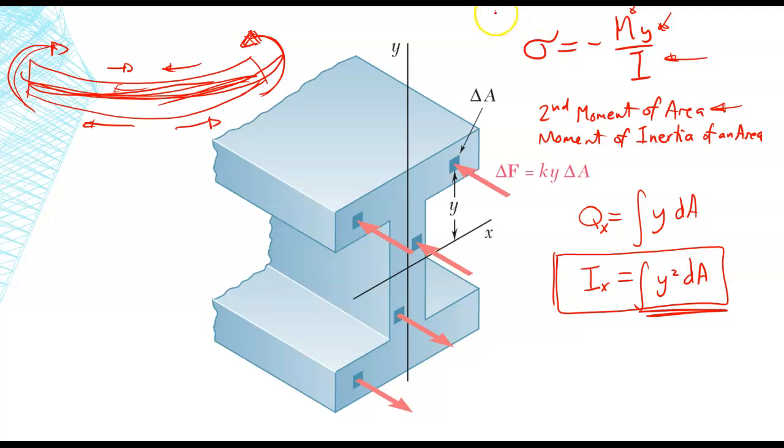As I say, it shows up when we try to find the stress due to bending in a beam. It also comes up when we take that slightly further and look at the curvature of a beam.